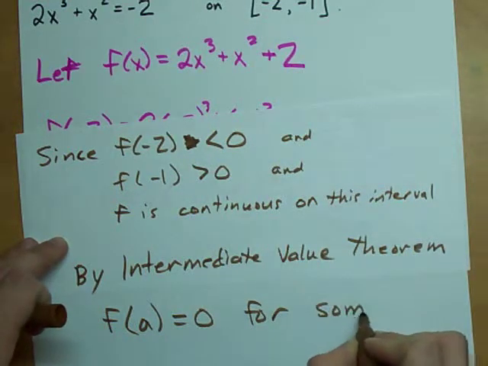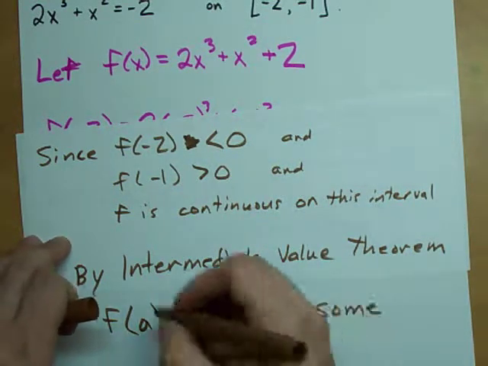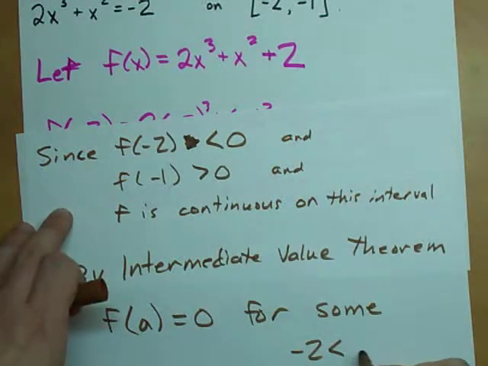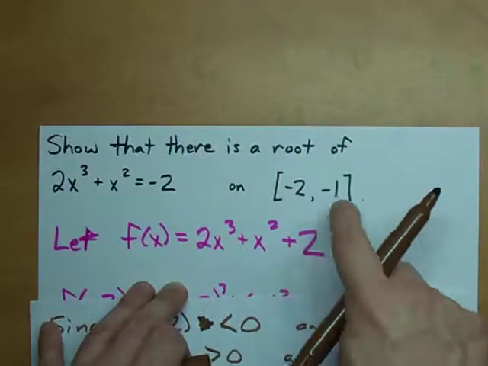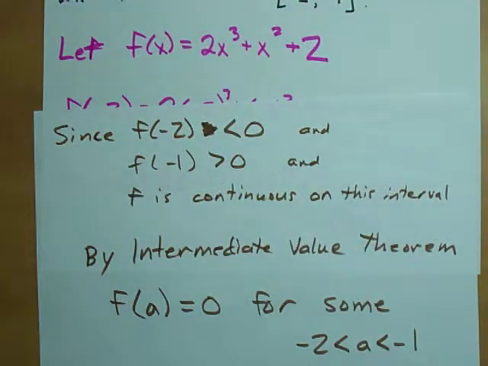Or you'll get 0 out for some value of a in between those two values. And that's exactly what we were looking to show here.